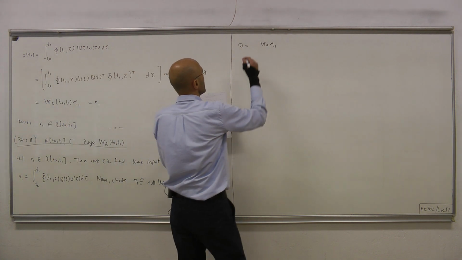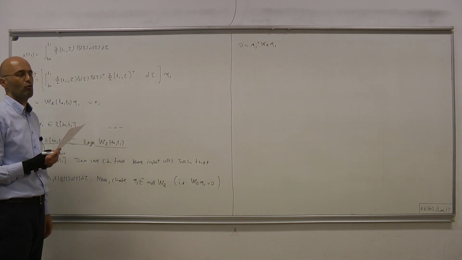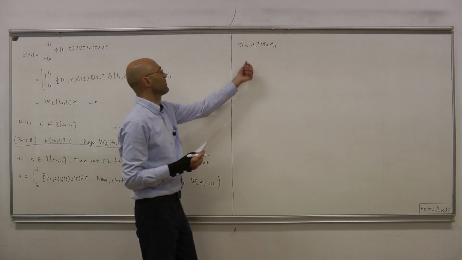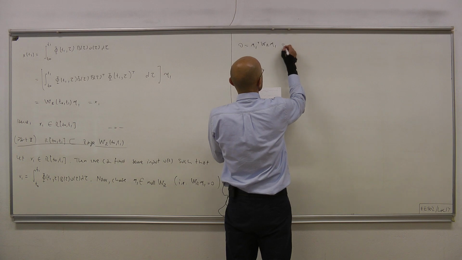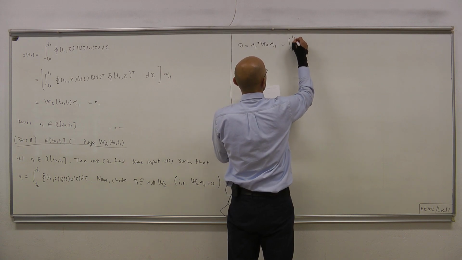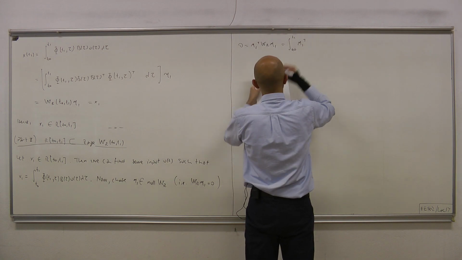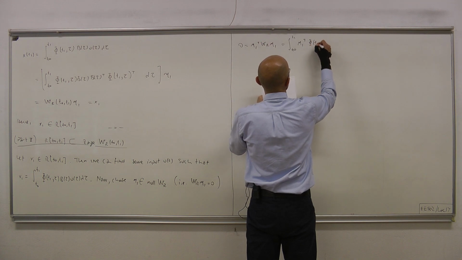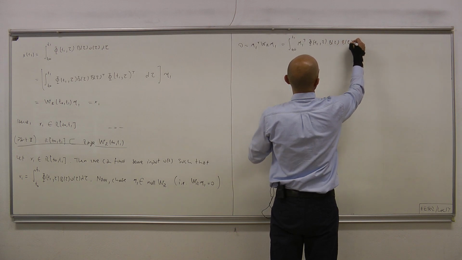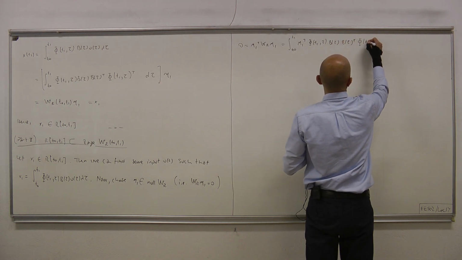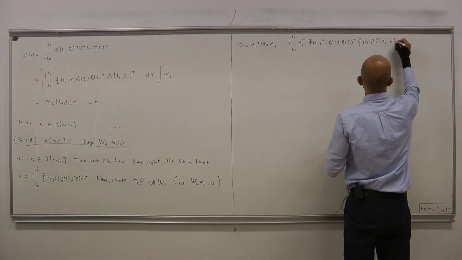If that's 0, clearly, if you multiply that by eta1 transpose from left, that's still a 0. This time, this 0 is a scalar 0. Now that equals the integral from t0 to t1 of eta1 transpose phi(t1, tau) B(tau) B(tau) transpose phi(t1, tau) transpose eta1 d tau.